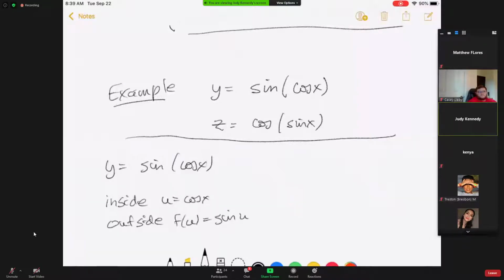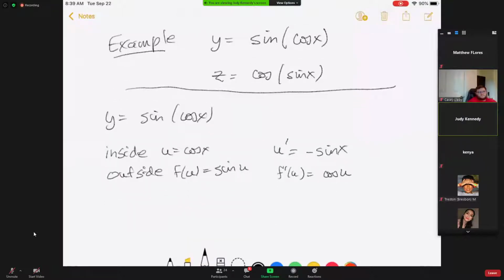So u prime is minus the sine of x. We learned that yesterday. F prime of u is the cosine of u.